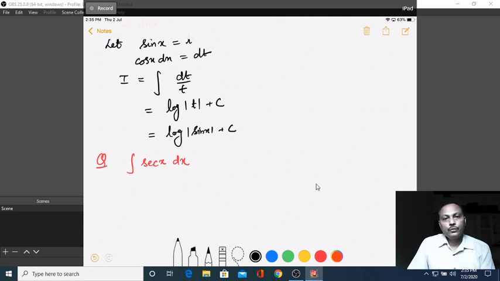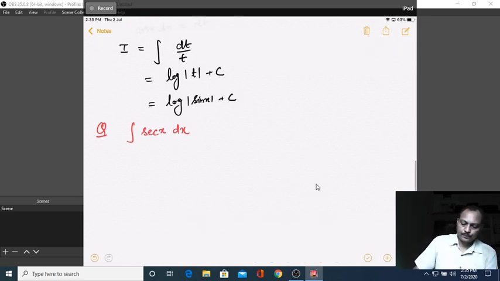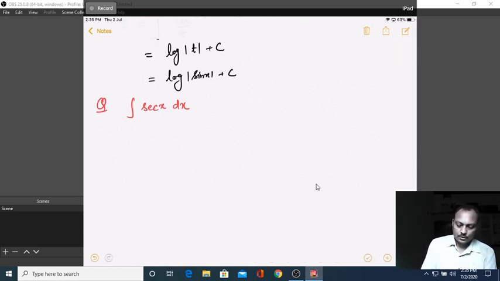Now to find the integration of sec x, because there is only one function, there is a trick. You can write sec x dx, then multiply by sec x plus tan x in the numerator and denominator both.